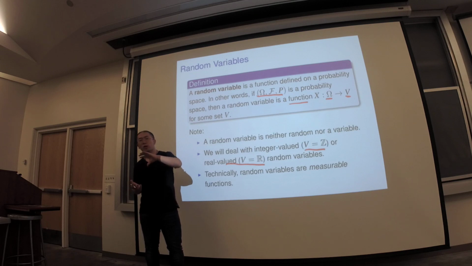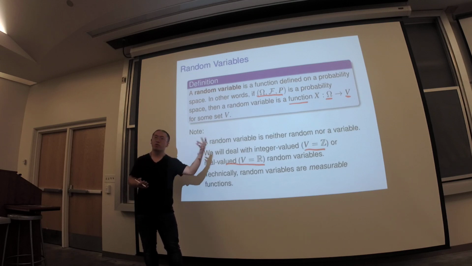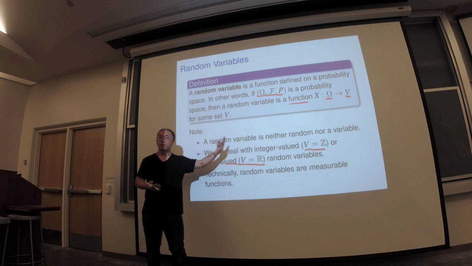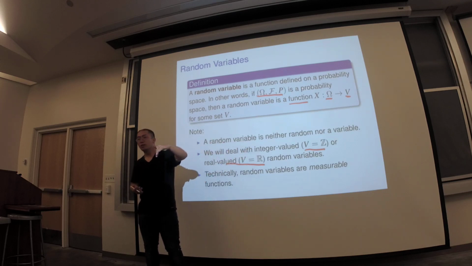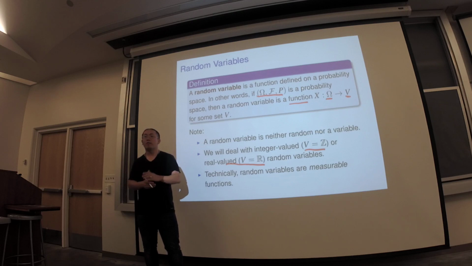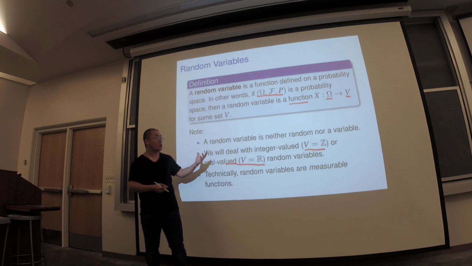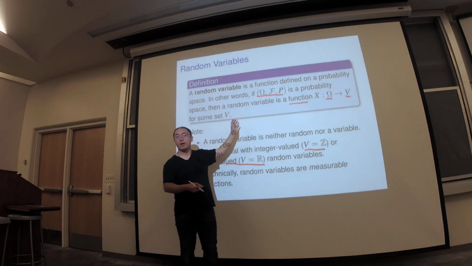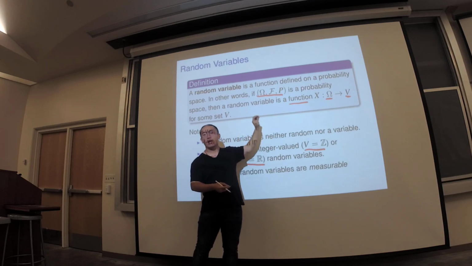If we map the original outcomes of the random experiments, from the sample space, to numerical values, we are very familiar with those. We have a lot of operations for numerical values: plus, minus, take exponential, sine, cosine, whatever. We have a lot of tools to deal with that. That's why we introduce random variables, to convert everything into the numerical space and do the operations.